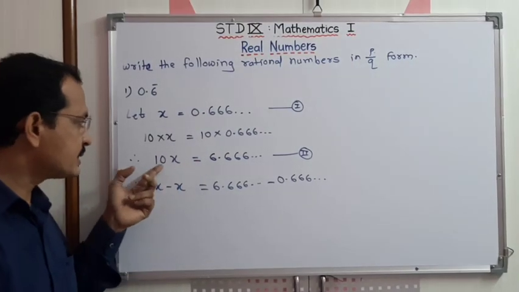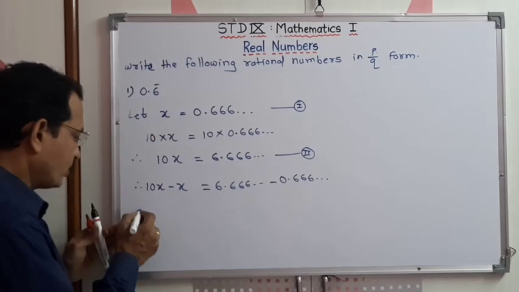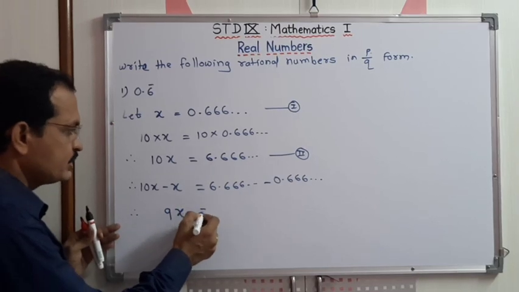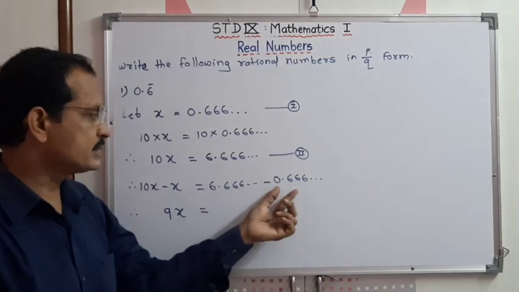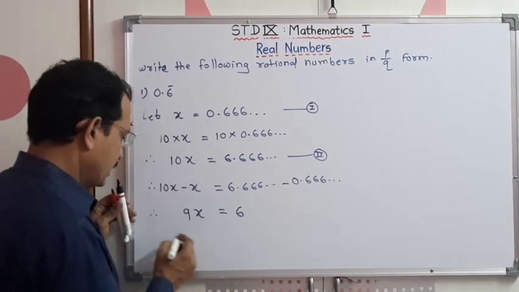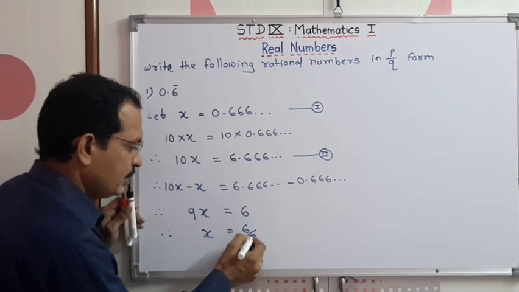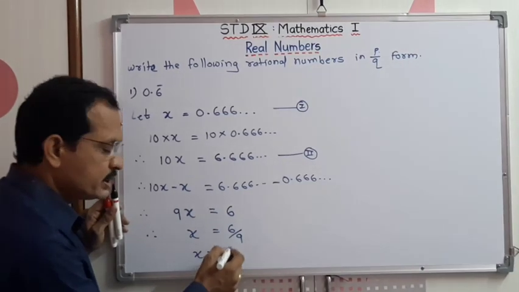After that, this 10x we subtract from x, therefore here we got 10x minus x is equal to 9x is equal to, from 6.66 we subtract this, therefore the answer is 6, and here 9x is equal to 6, this 9 divided, then x is equal to 6 upon 9.